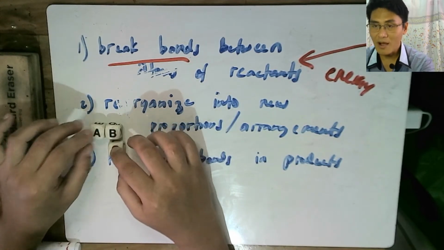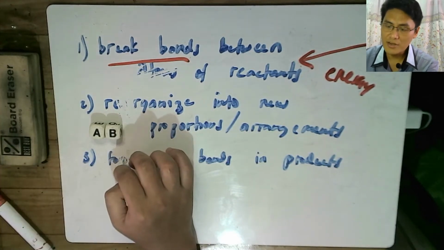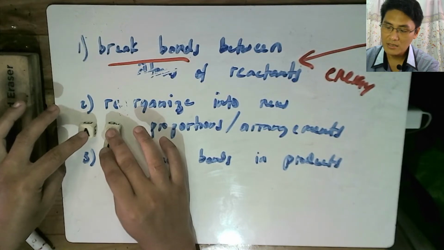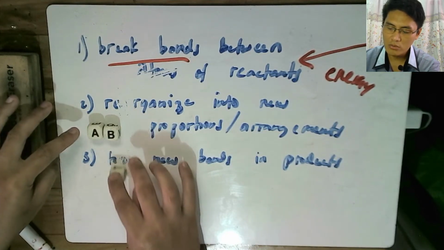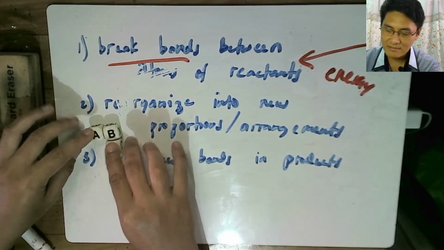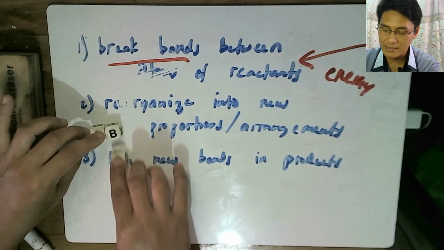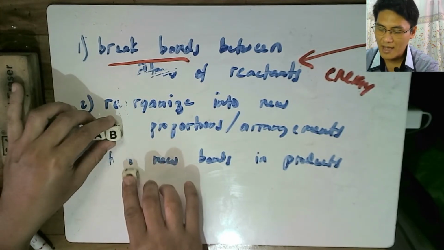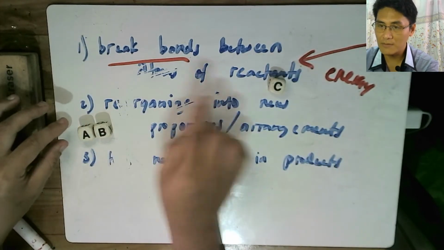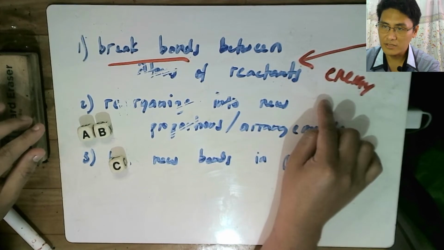And that's why the second requirement is energy. It must have the right energy to break the bonds between A and B, right? Too slow a collision might not break A and B. Too fast, when C hits B, it might just ricochet off and not form the bond between A and B. So therefore, there must be the right amount of energy.